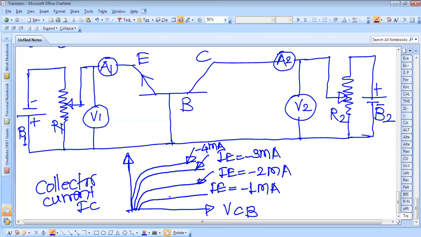Here we can see that for positive values of the collector base voltage, the collector current remains almost constant.